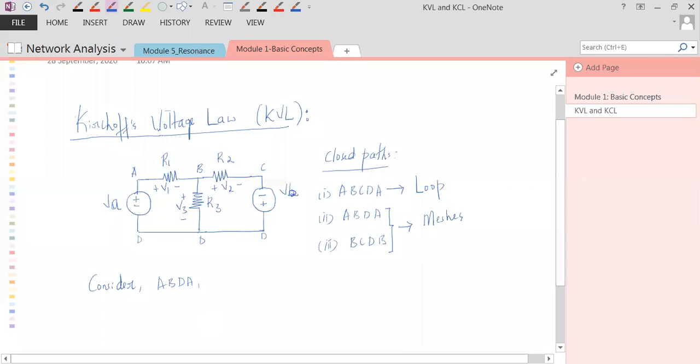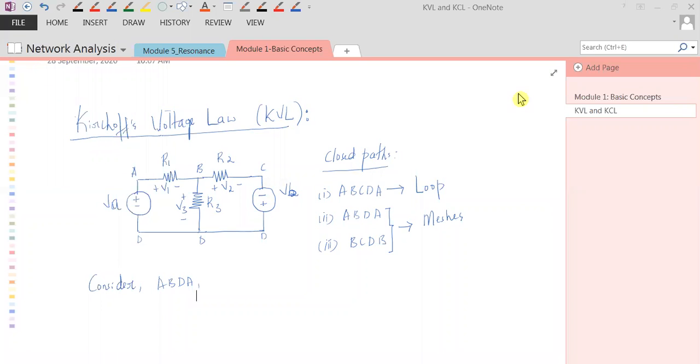V1, V3 are drops, and VA is the voltage source applied. V1 and V3 are the voltage drops. So what is KVL telling you? KVL tells us that you have to take the algebraic sum of all the voltages.